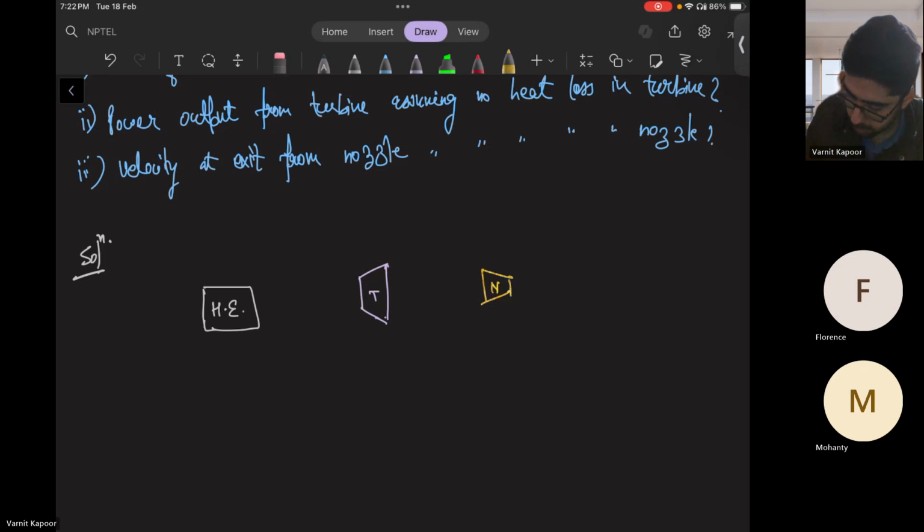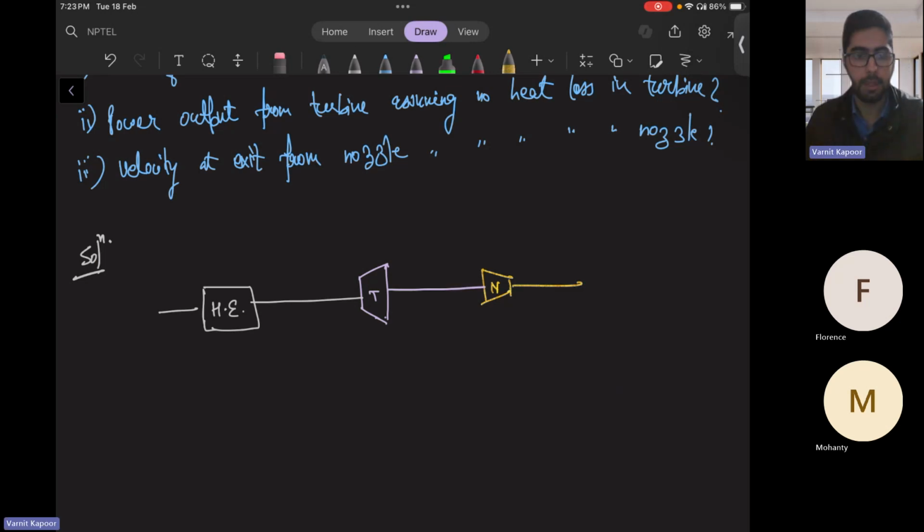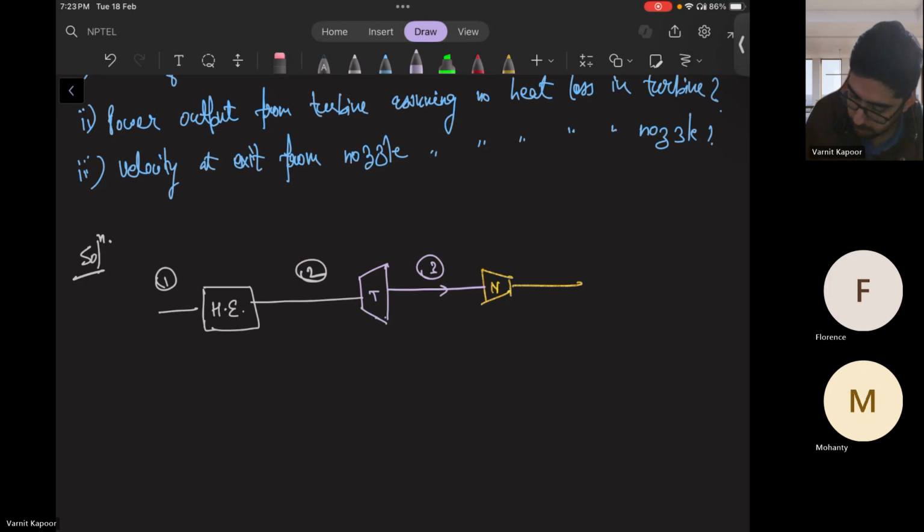This is what the system looks like. This state is state 1, this is state 2, this is state 3, and this is how the flow goes.